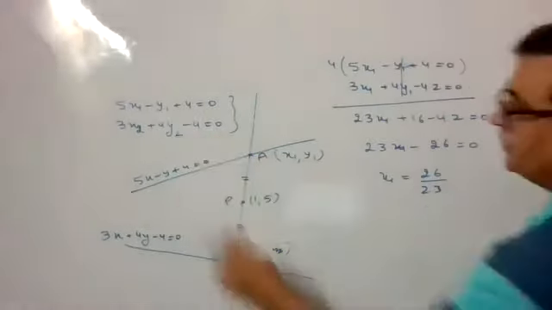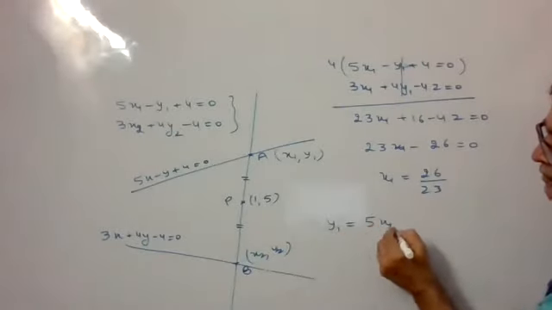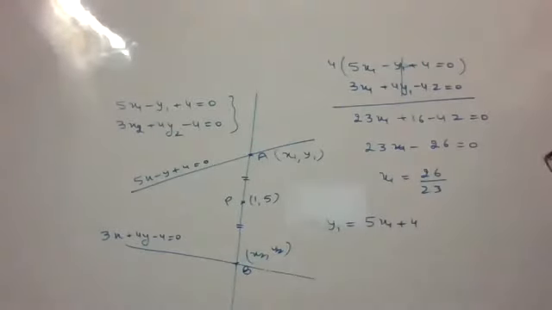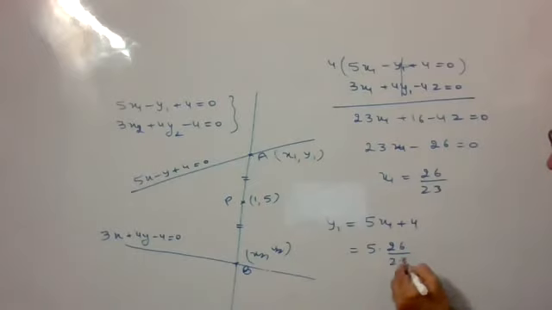Y1 I get from here. Y1 will be 5x1 plus 4. Then I'll write 5 into x1. x1 is 26 by 23 plus 4.